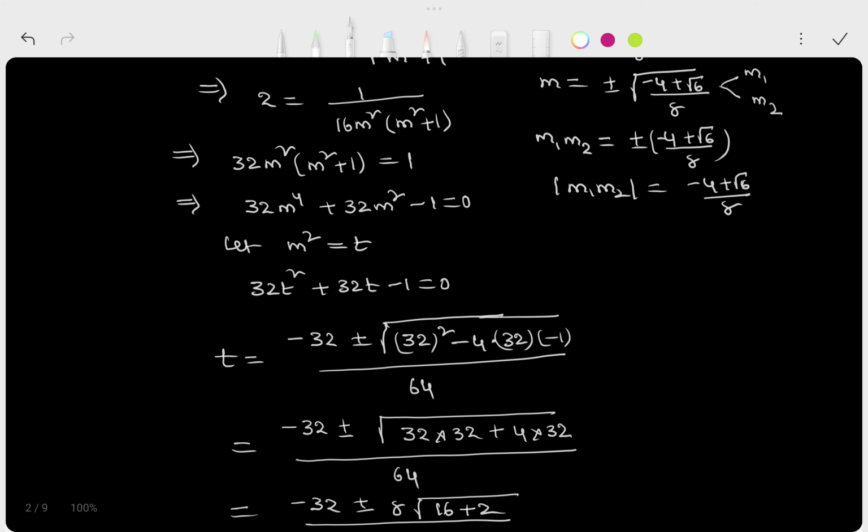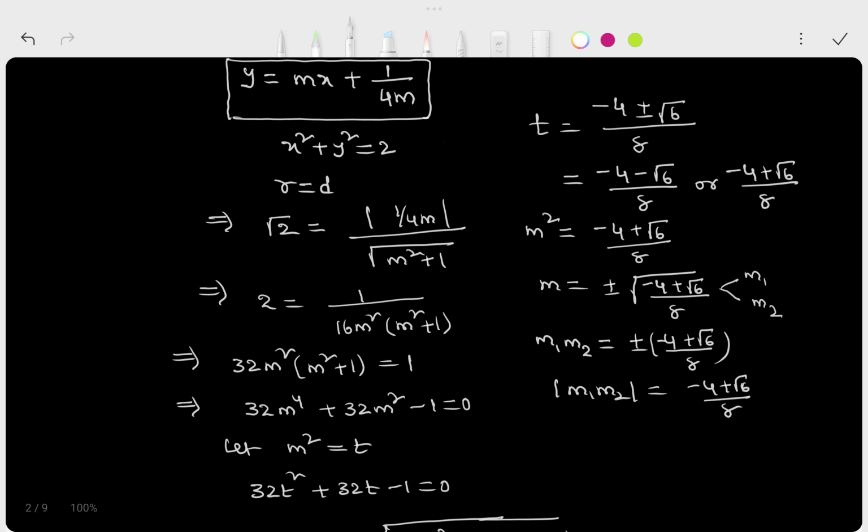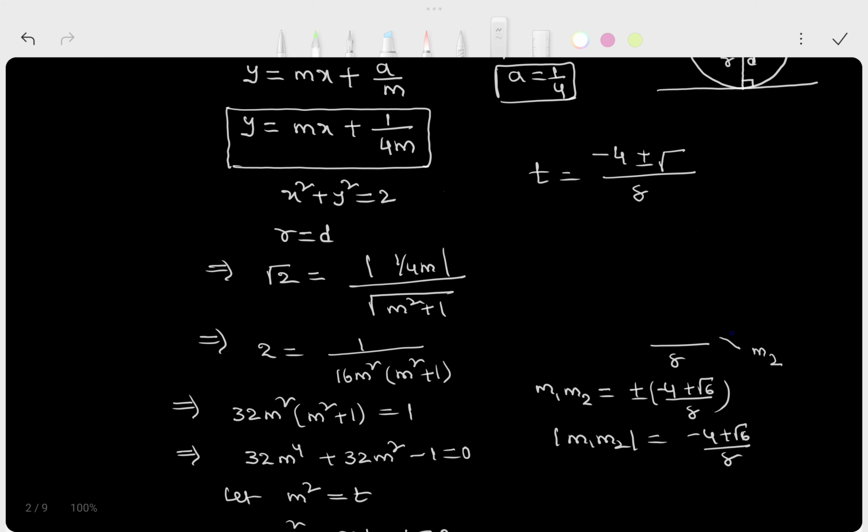That means root 18. Once again, the calculation is a little different here.